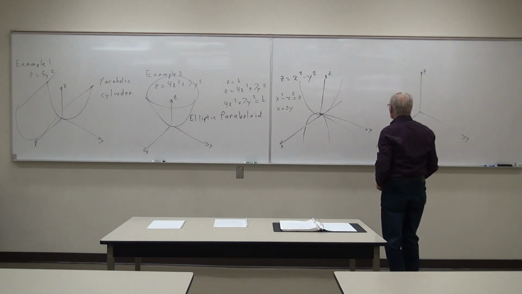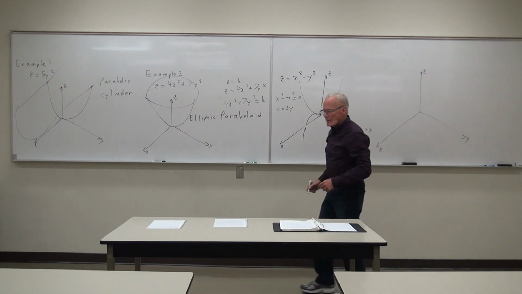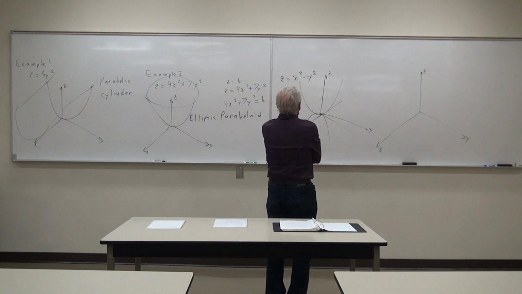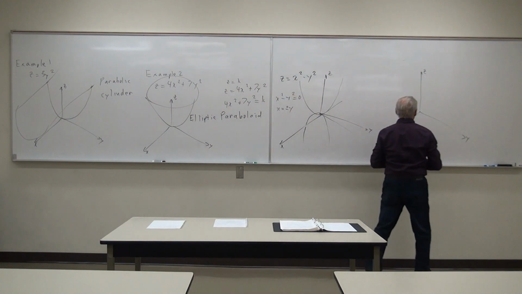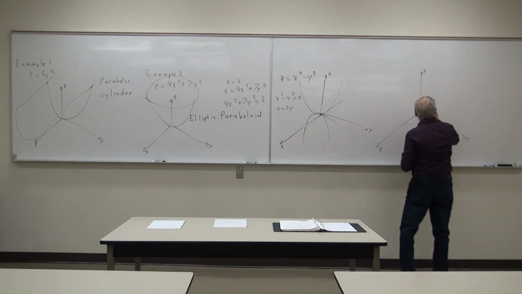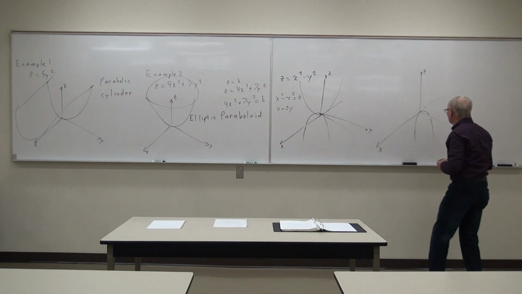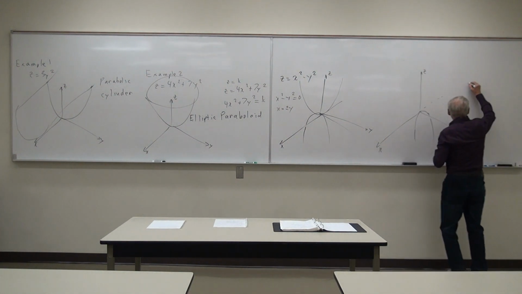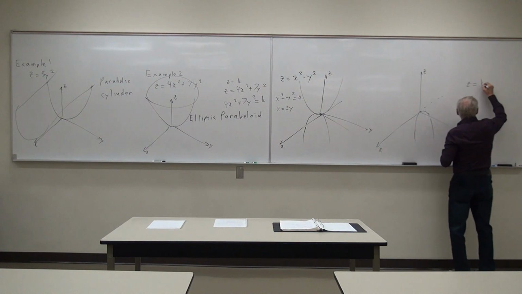Let me think here. All right. The z equals minus y squared. It was the one that came down here like that, okay? All right. Now let's cross-sect this with z is equal to k.